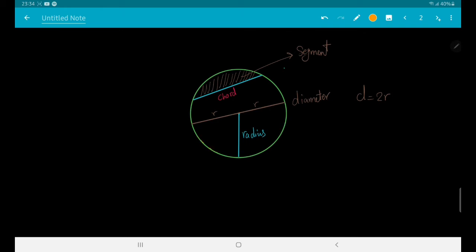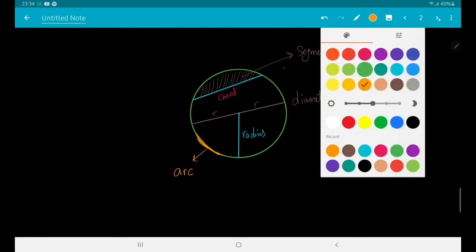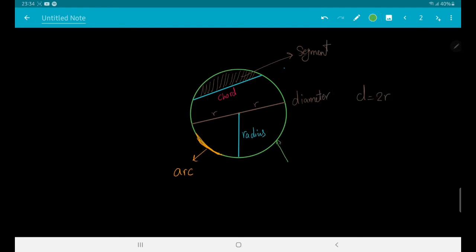This one here on the circle, the curved one, we call an arc. The green one, this one, we call the circumference.